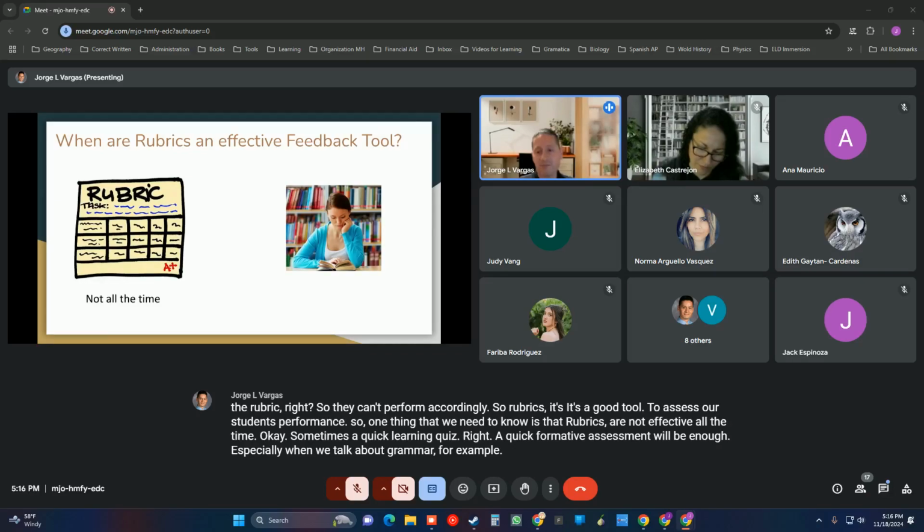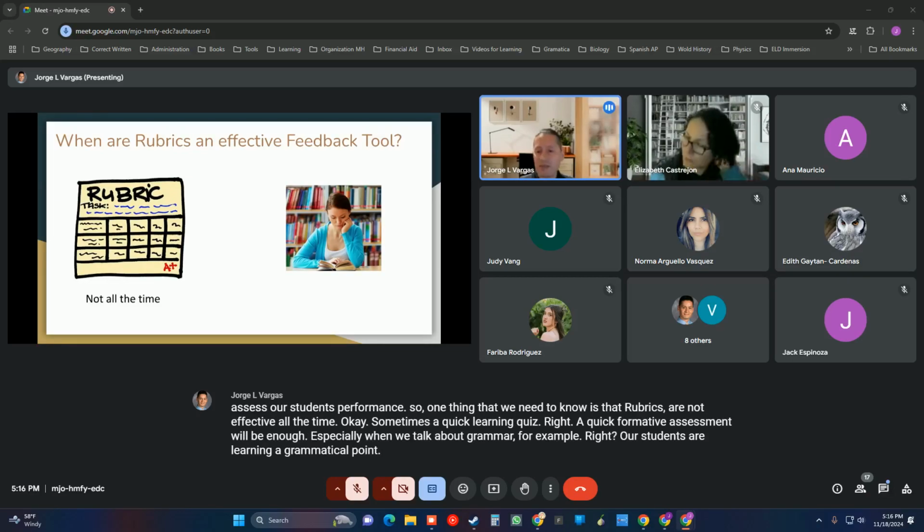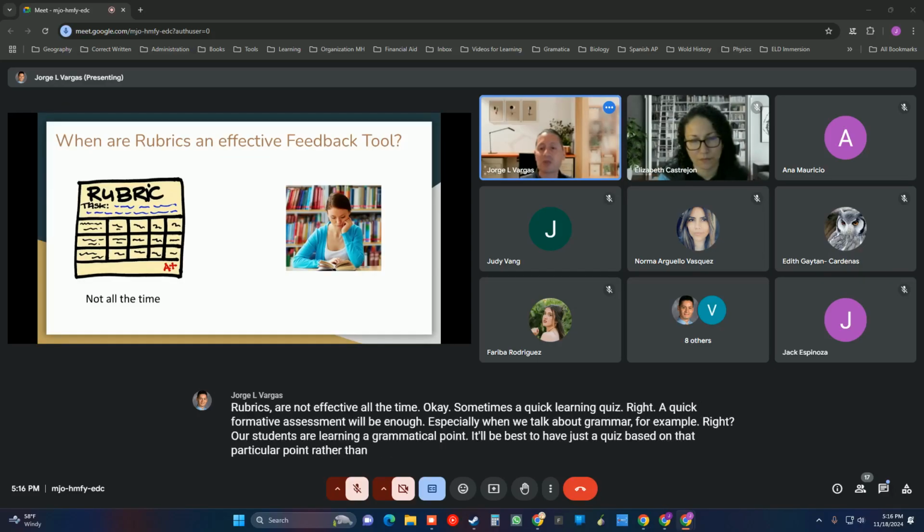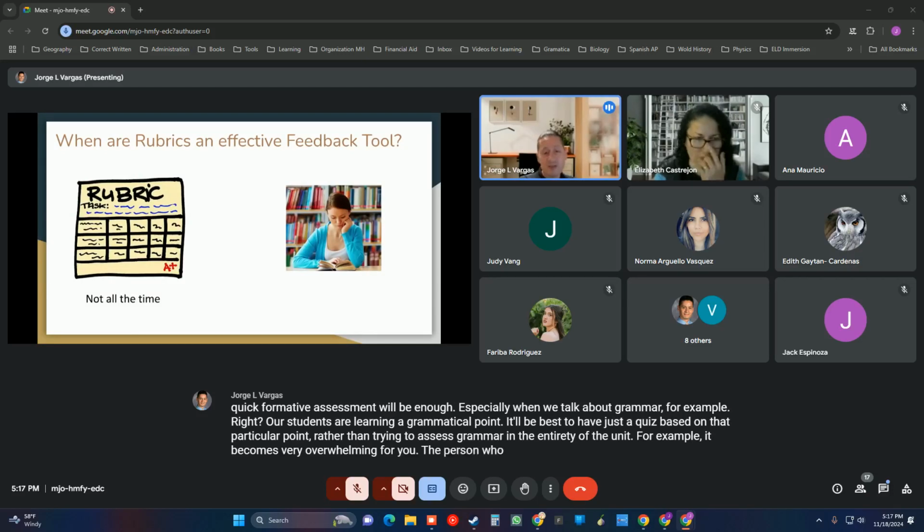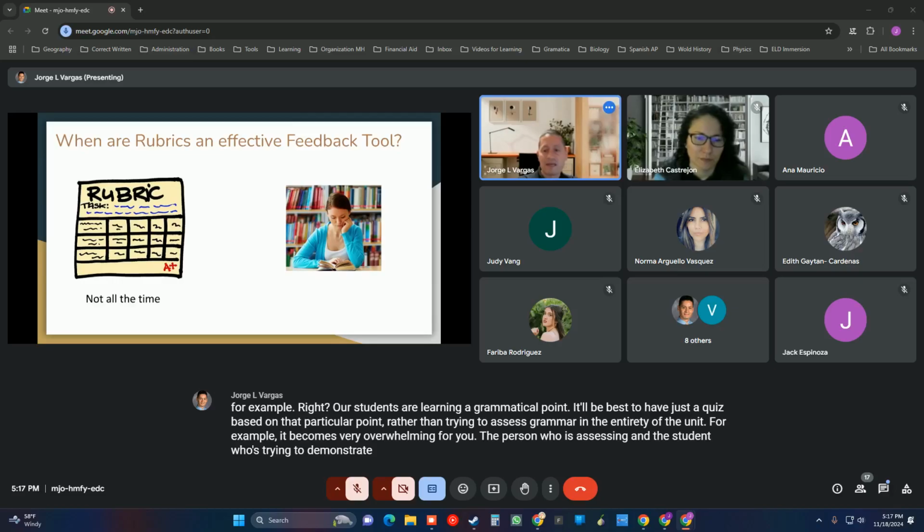So again, it will depend on the type of assessment that you're doing, whether to use a rubric or to use just a simple, quick learning check, like a quiz, for example. Because we need to remember that performing tasks take time to administer and to evaluate.